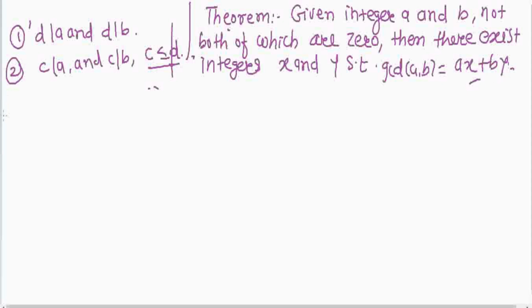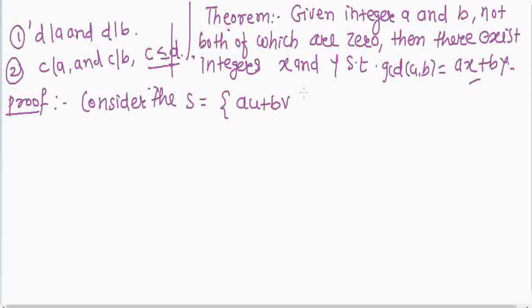The proof is again a very beautiful proof. See the logic of this proof. We consider the set of integers of the type au plus bv, where au plus bv is greater than 0, and u and v are integers.